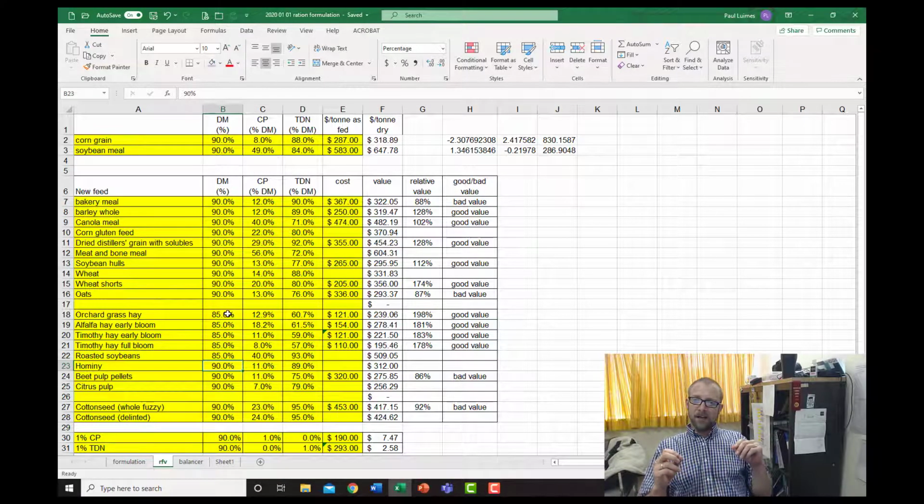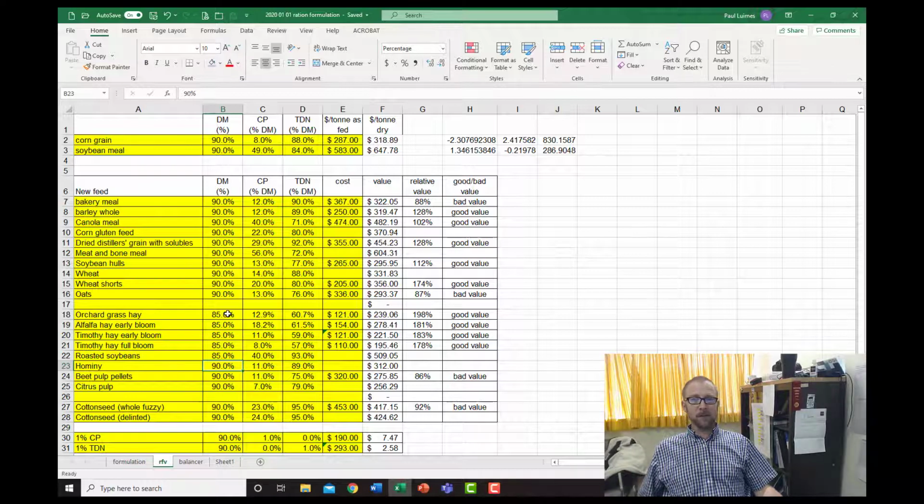There's something else I like. I use a term, I don't know where I heard it before, but it's called best cost formulation. Best cost formulation is I basically adjust what I'm feeding now slightly in order to be able to take advantage of cheaper costs of certain feeds as that happens. The other thing you can also do is pay attention over the year, because you'll see certain feeds get a little bit more expensive.